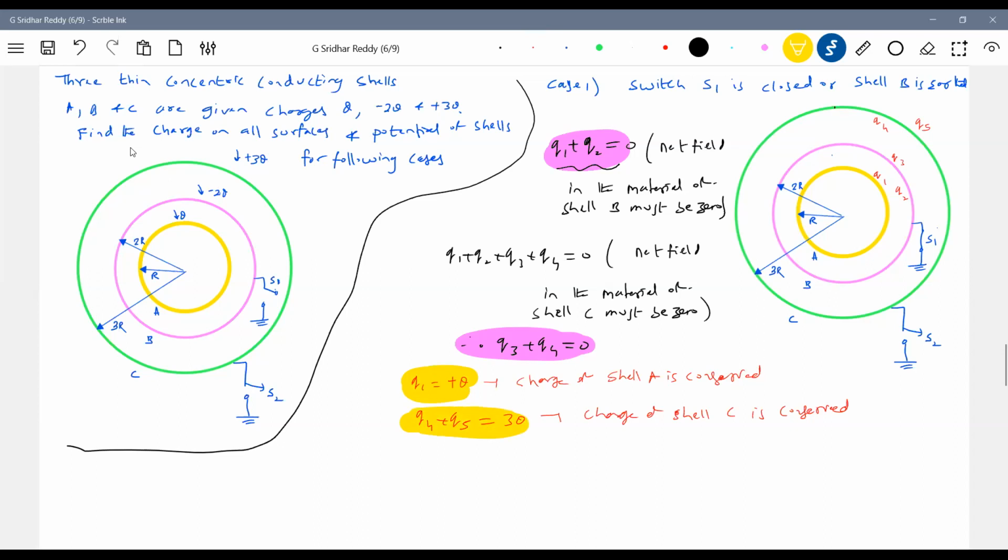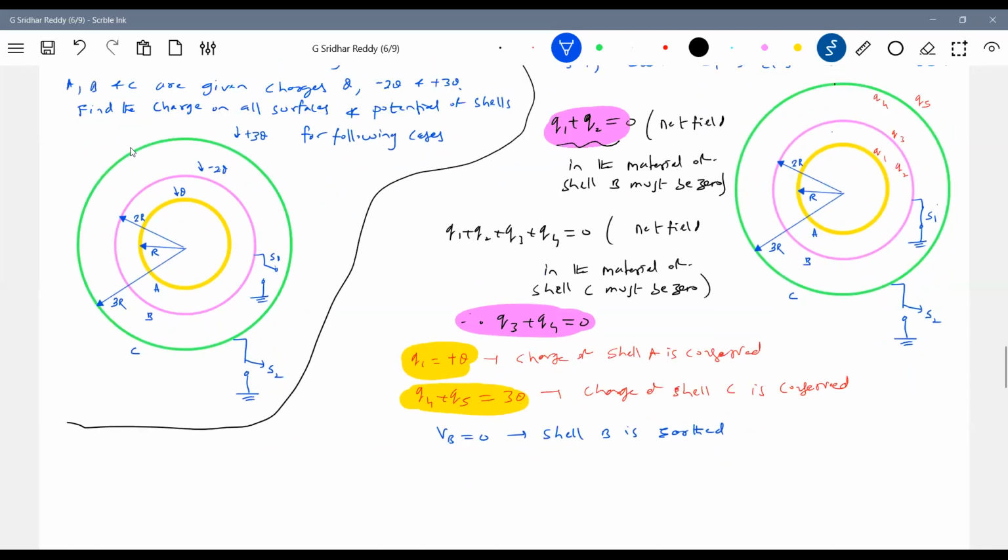Okay, which shell is earthed? Shell B is earthed, so the potential of that should be 0. Let's write the expression for the potential of shell B, looking at this diagram.